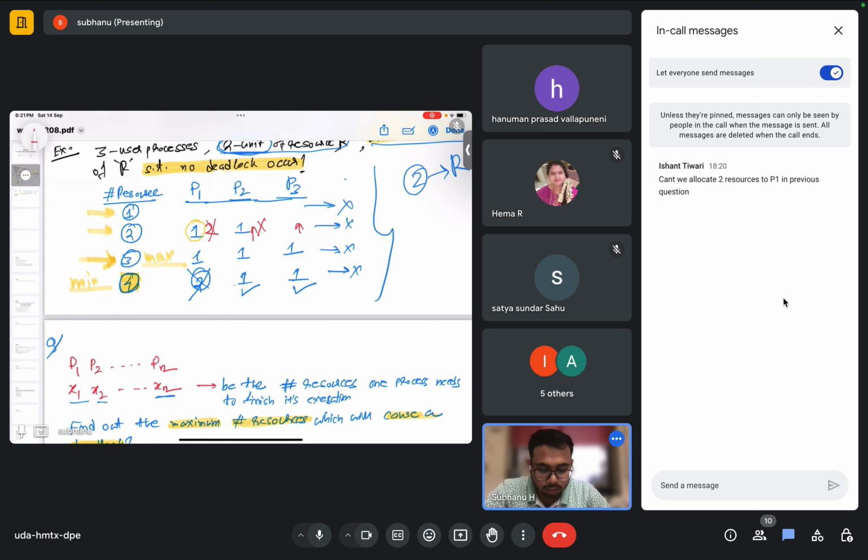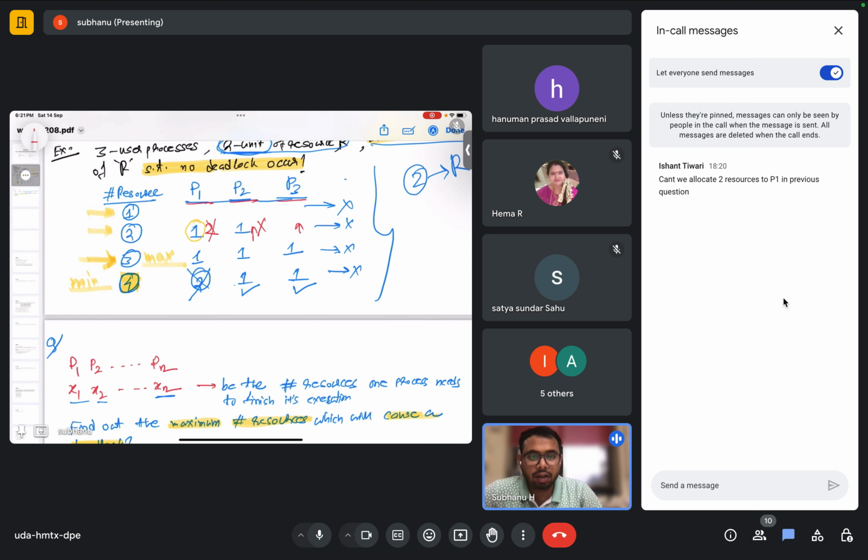But the thing is that we have three user processes, so the number of resources will be shared among them, because in the question there is nothing called priority, so you can assume that all have the same priority. P1 is waiting, P2 is waiting, and P3 is also waiting.